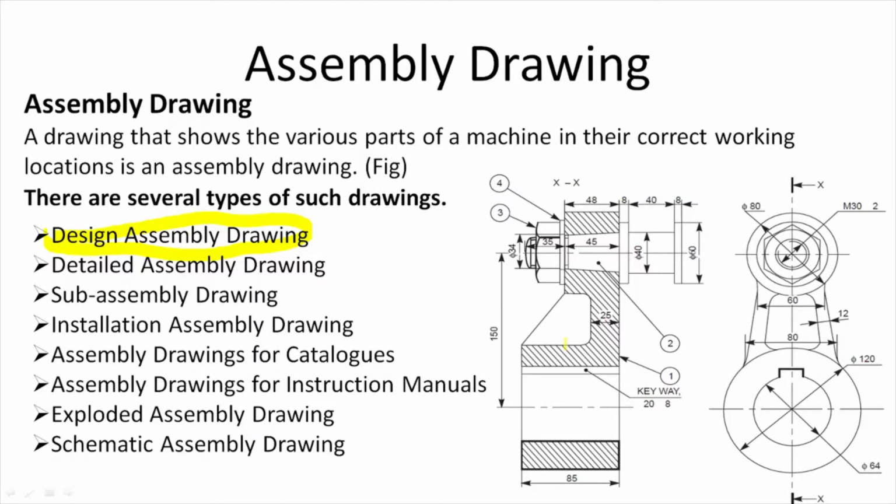They also provide dimensional data. These drawings provide useful information for assembling the machine as they reveal all the parts of a machine in their correct working positions. That is the importance of installation assembly drawings.